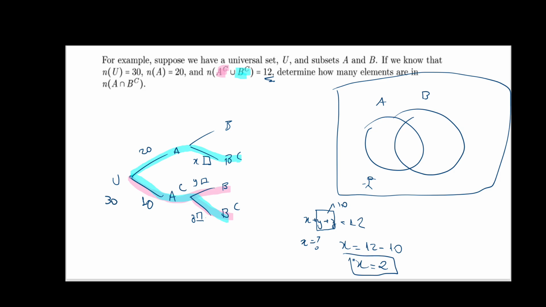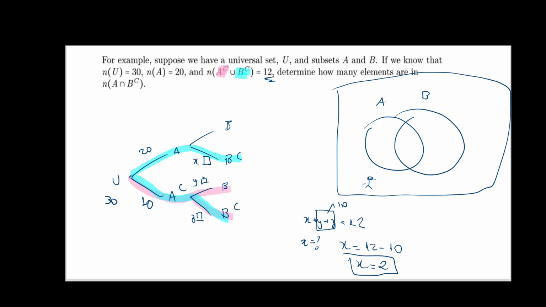Okay? So this is the beauty of counting trees. You can get calculations really fast without that much detail. I don't care whatever is in y or whatever is in z.